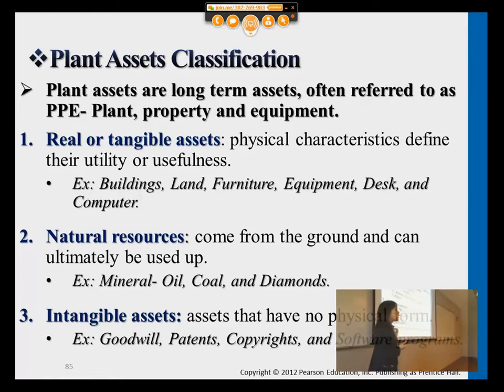The land is the only account that you have to keep in mind. We do not depreciate it, no matter how the problem tells you the original purchase price, or we estimate how long it can be used in the business. We do not divide it by years, spread it along the years. Okay, because land also, the value of it constantly may be changing, so we don't estimate how long we have been using it.